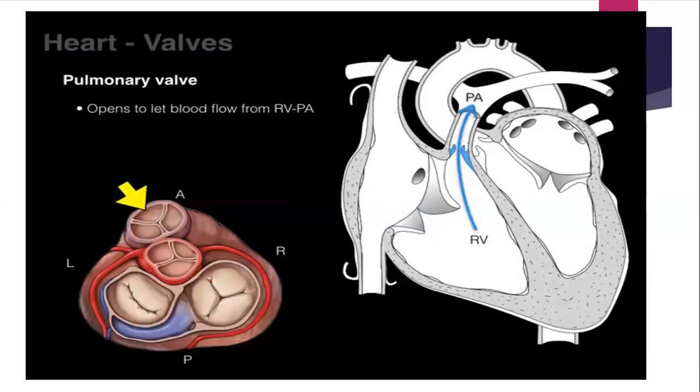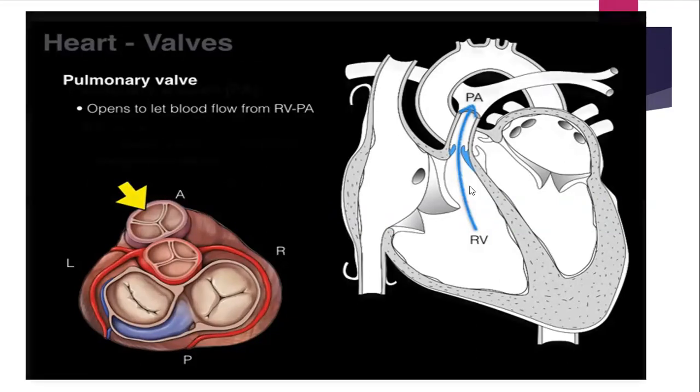So you can see the pulmonary valve opens, moving blood from the right ventricle to the pulmonary artery. You can see the way it moves out there, the blue colors.